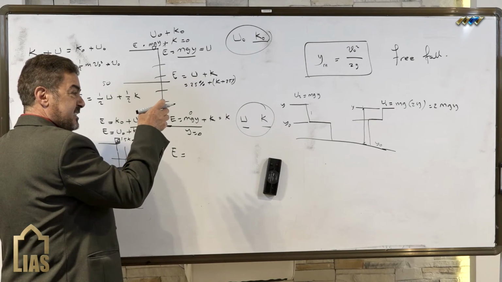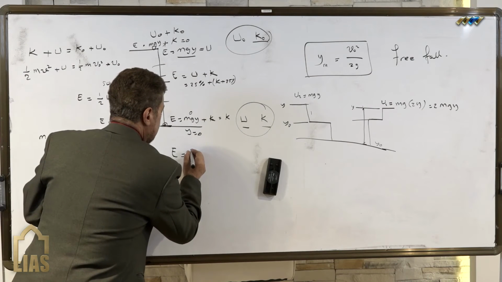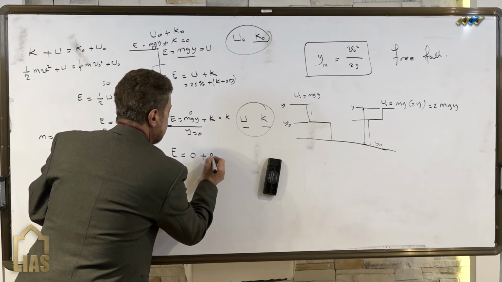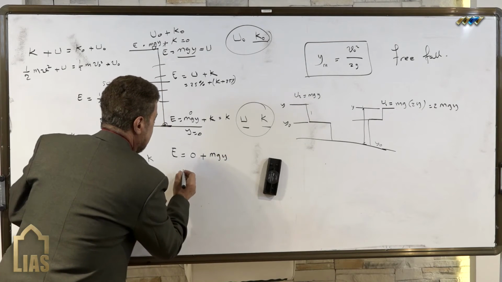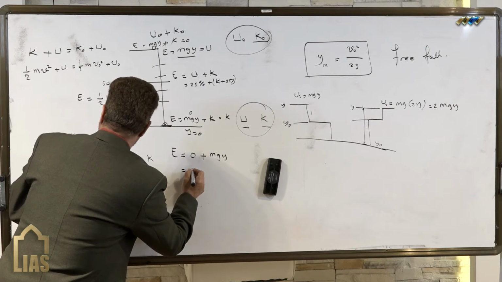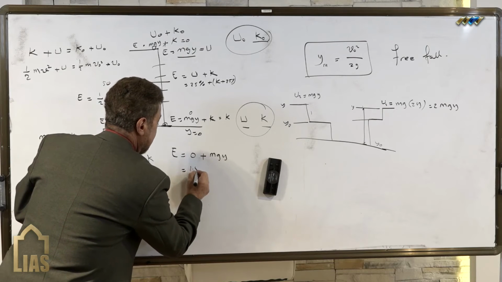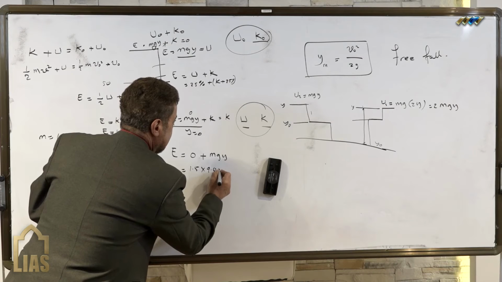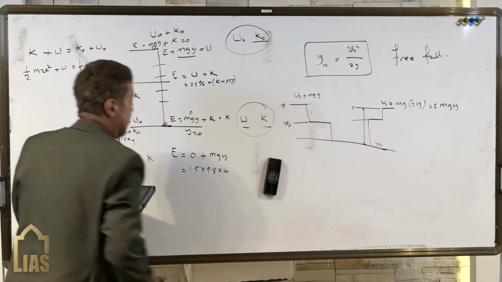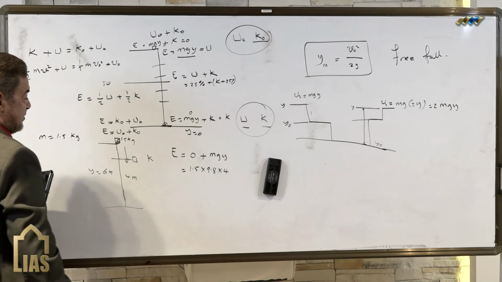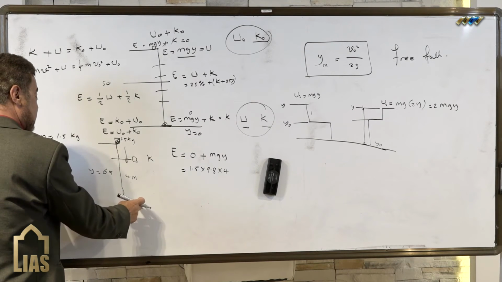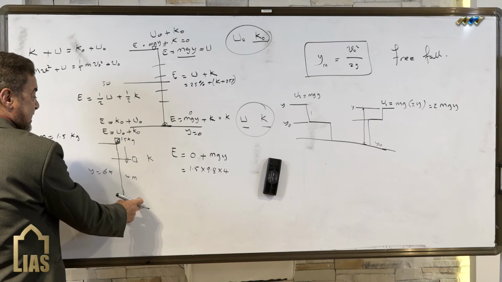The can is standing there. Then kinetic energy is 0 and potential energy is mgy. That will give you m, say 1.5 times 9.8 times 4. Okay? The can is here, then it's 4 meter height. Okay?